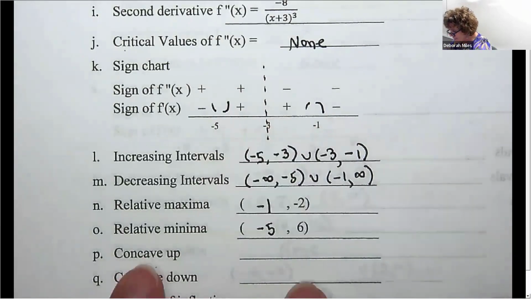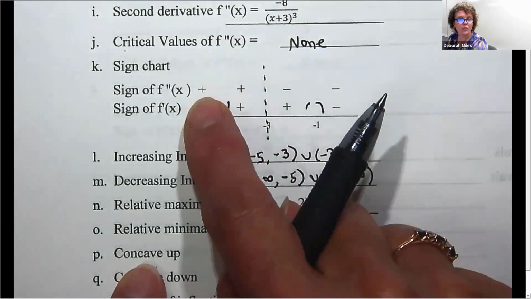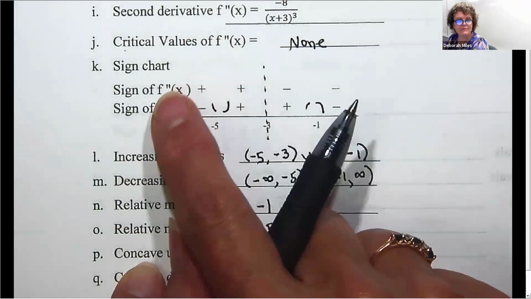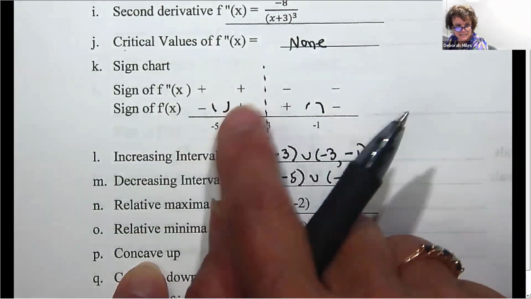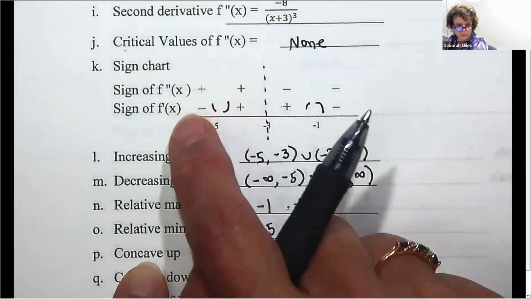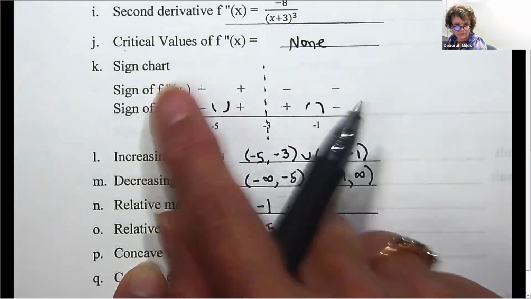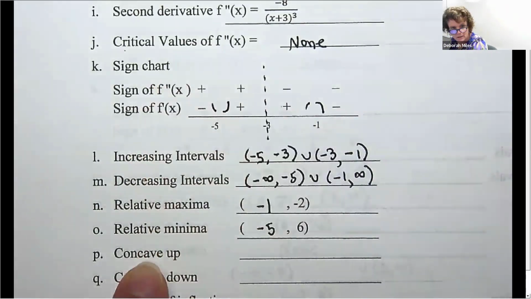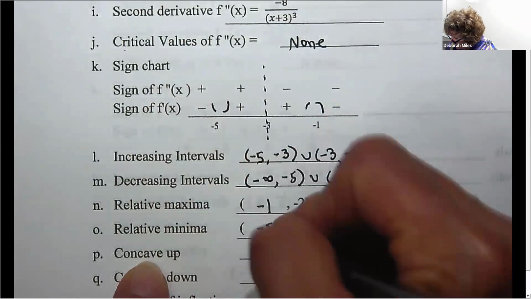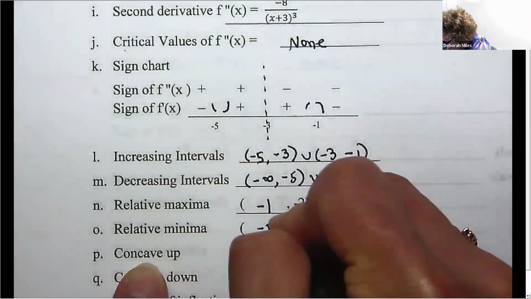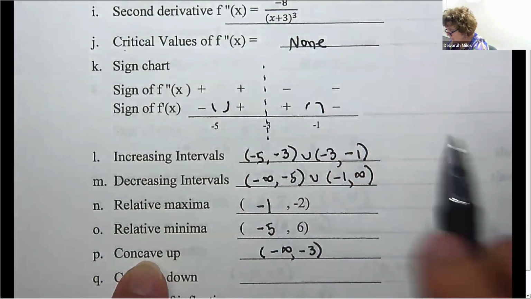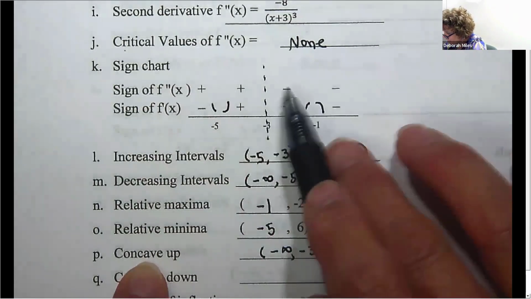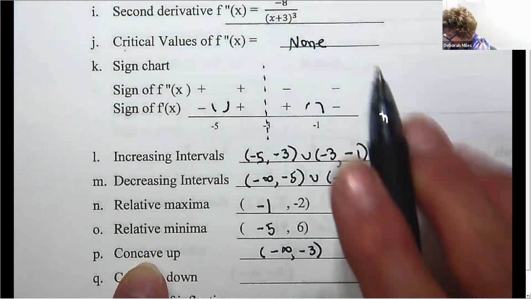For my concavity, I can write that all the way from -infinity to -3 because there's no discontinuity between -infinity and -3. So the function's concave up from -infinity to -3, and it's concave down from -3 to infinity.